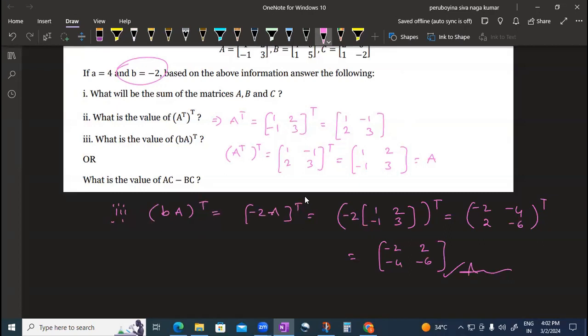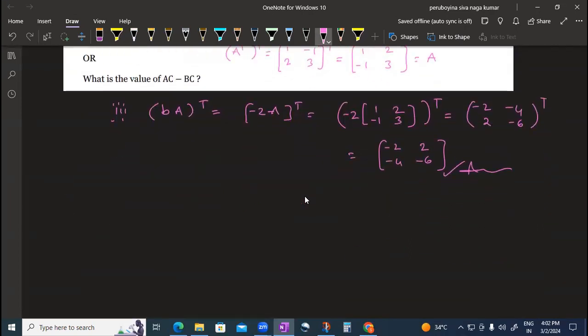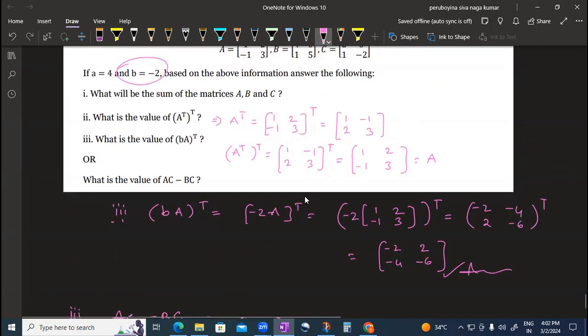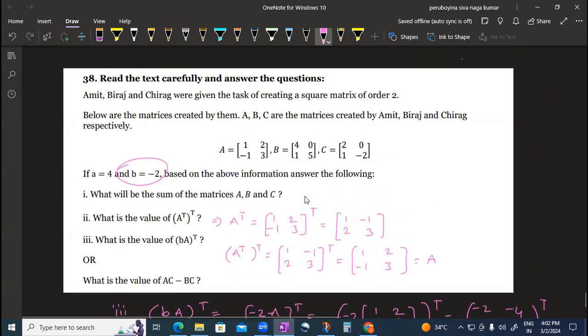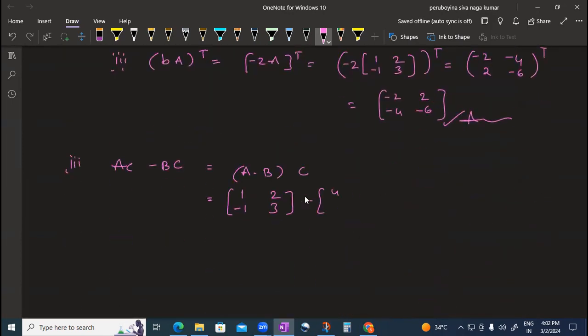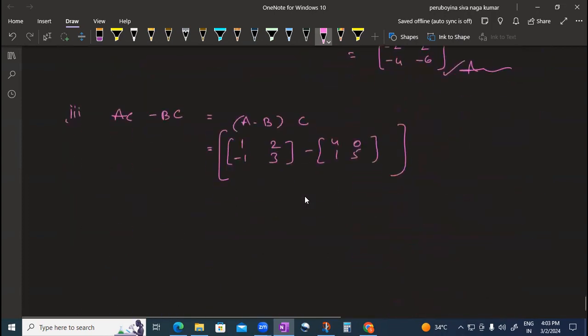What is the value of AC minus BC? AC minus BC means first you can do A minus B into C. A minus B means subtraction: 1, 2, -1, 3 minus the B matrix, which is 4, 0, 1, 5, and it is completely multiplied by the matrix C. C is 2, 0, 1, -2.